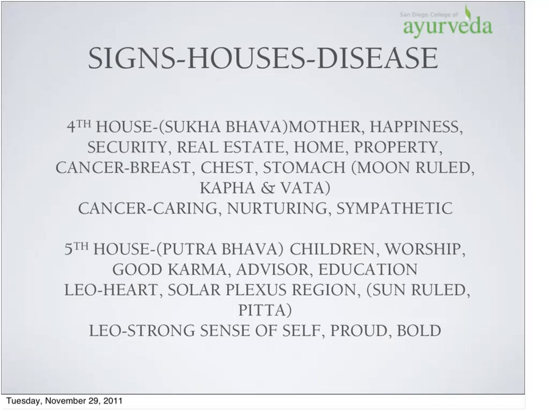They're willing to listen and stop what they're doing. So the fourth house deals with your mother, your home, where you live, your real estate, your sense of security in the world. All of this is fourth house.